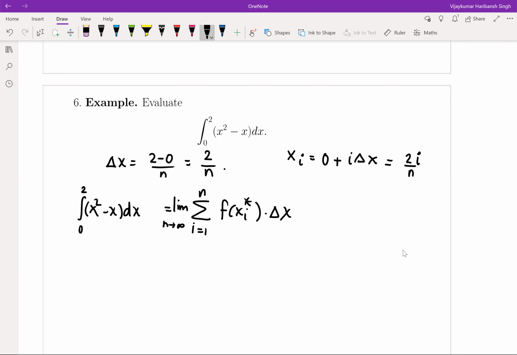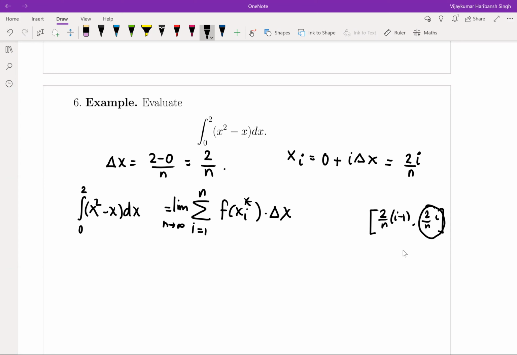Now note that xi star is any point in the interval from 2(i-1)/n to 2i/n. So we will choose any point in between, but when you want to choose a random point, why not choose a point which looks nice? So we'll choose this one as the point.